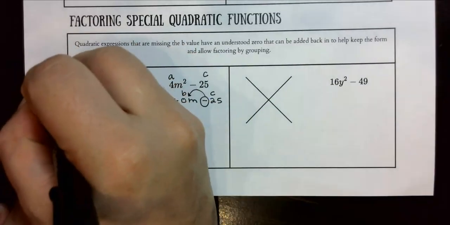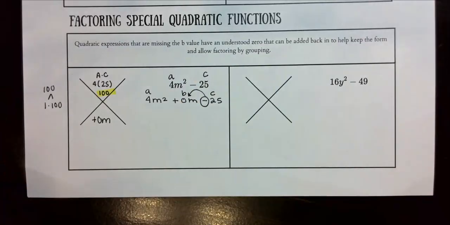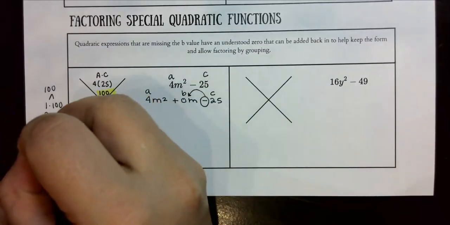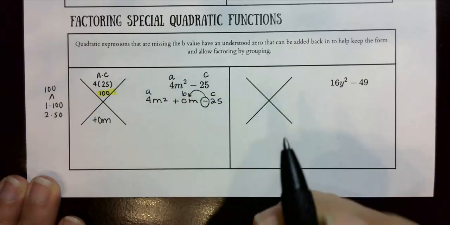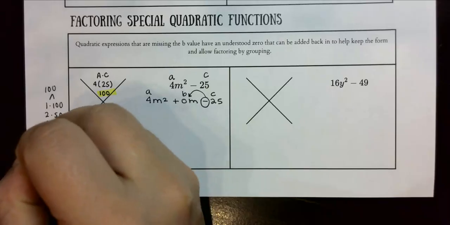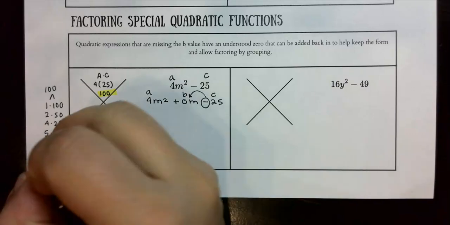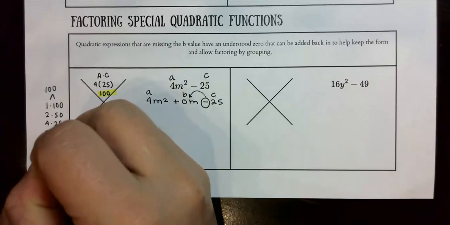I'm going to use this space on the side. All right, we know 2 times 50, no 3, 4 and 25, 5 and 20, no 6, no 7, no 8, no 9, and then 10 and 10.